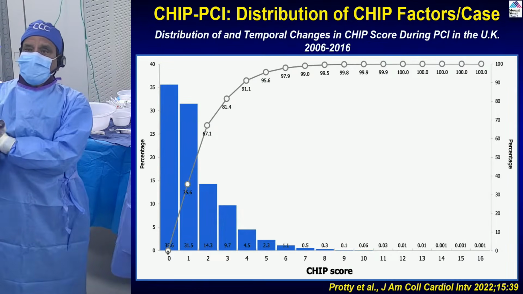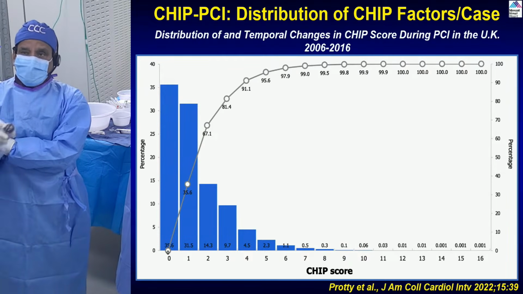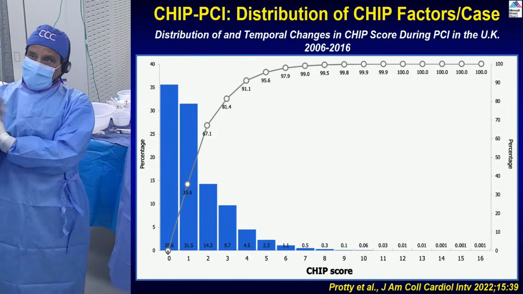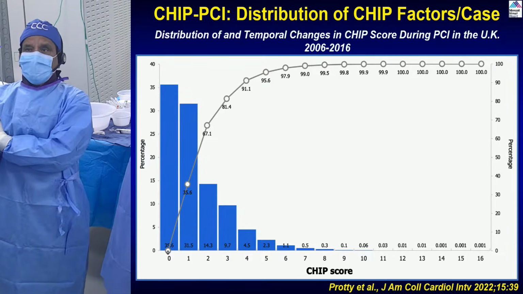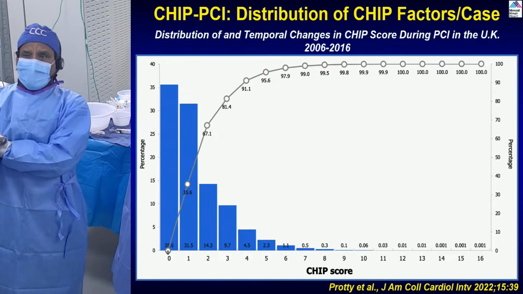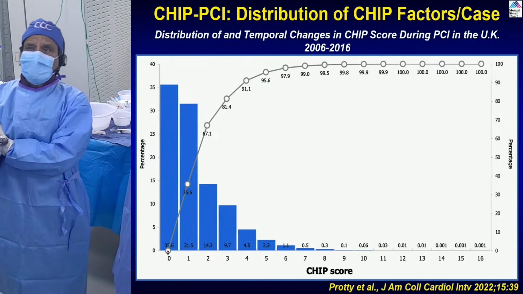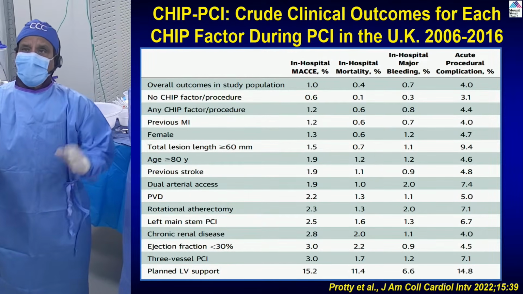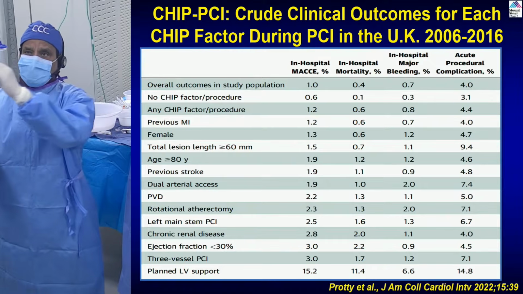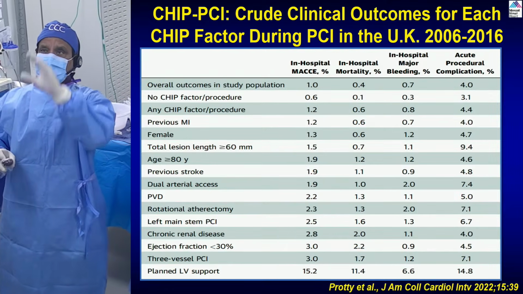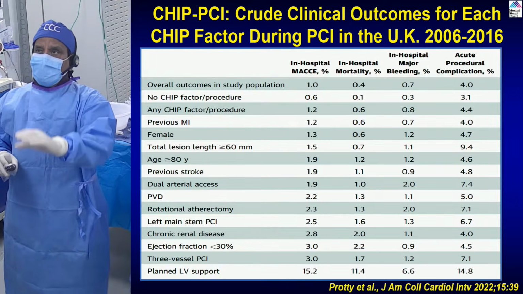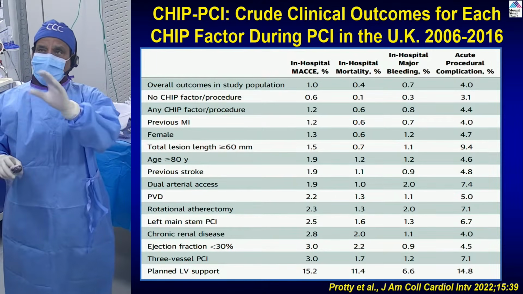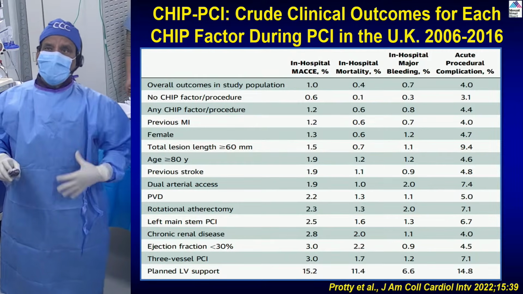As you can see here, a third of the patients have no score, meaning a 0 CHIP score, 35%. And then cumulatively, if you take 1, 2 or 3, it's combined almost exactly like 60%. And with the increasing CHIP factor, you can see that in-hospital MACE, mortality, bleeding, acute procedural complication are higher, basically where the individual had the CHIP factor.